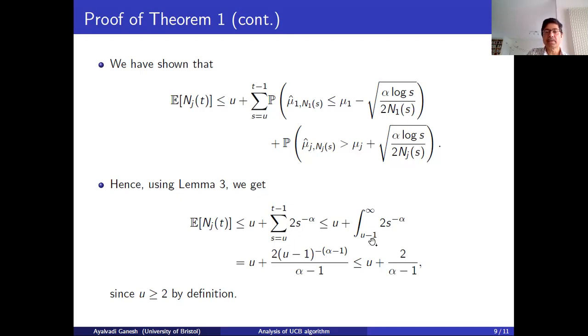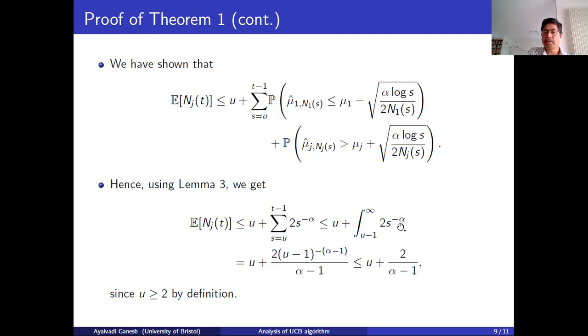So by doing this, you see that the sum can't be explicitly calculated, but the integral, you know how to calculate exactly. The integral of S to the minus alpha is S to the minus alpha plus 1 over minus alpha plus 1. The integral at the upper limit, this is where the assumption that alpha is bigger than 1 comes in.